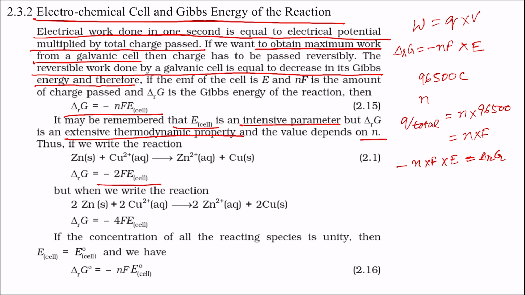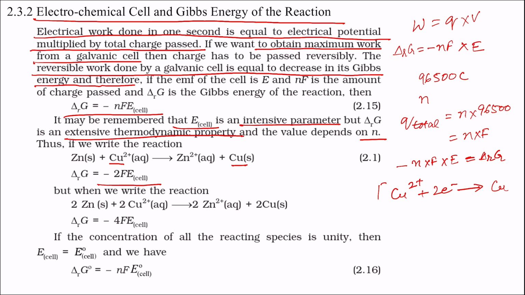But when this whole equation is multiplied by 2, the value of n becomes 4. That is, the total electrons taking part in the reaction becomes 4. 1 mole of Cu2+ changes into Cu. 1 mole of Cu2+ accepts 2 moles of electrons to change into 1 mole of copper.